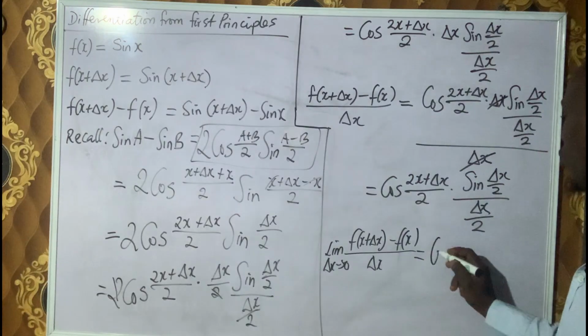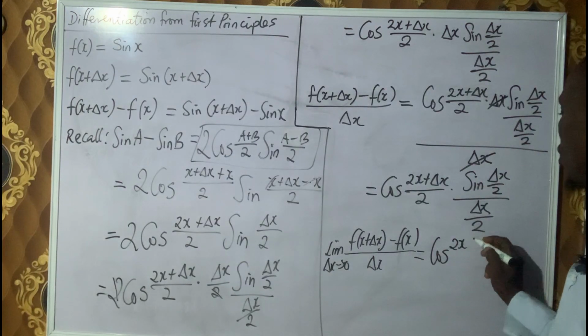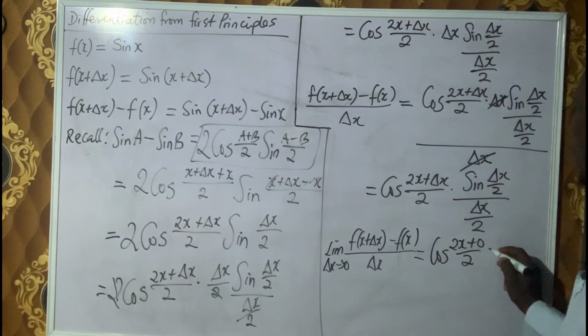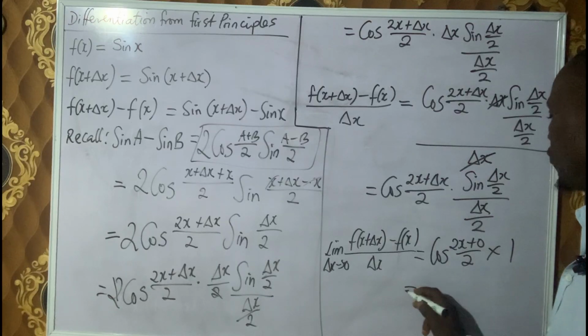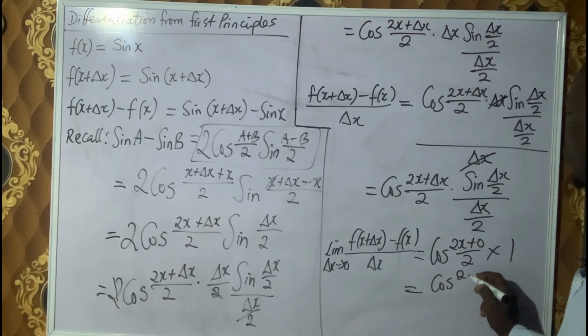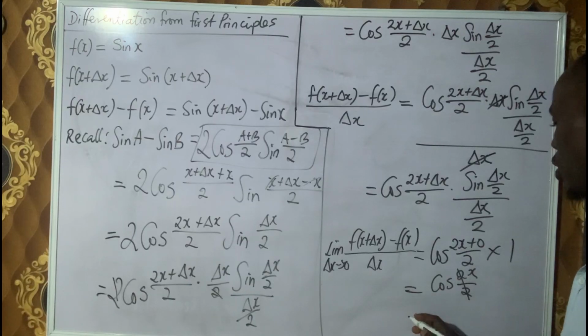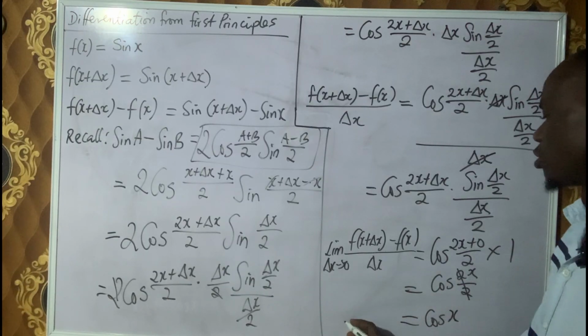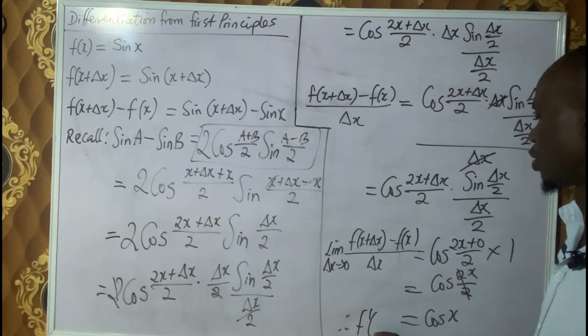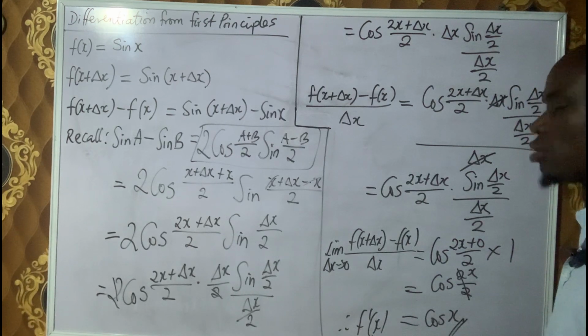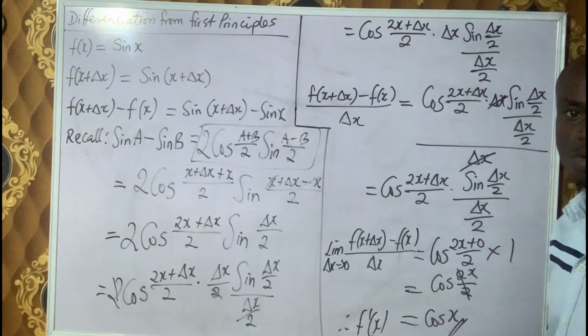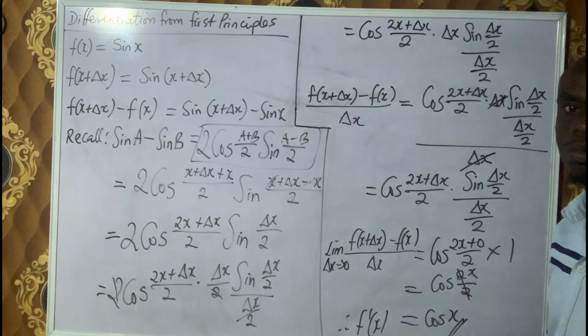So this will now be cos 2x plus 0 over 2 times 1, leaving us with cos 2x over 2. 2 can cancel out. Finally, we have cos x. So therefore, our f prime of x is cos x. So that's the solution to this problem.